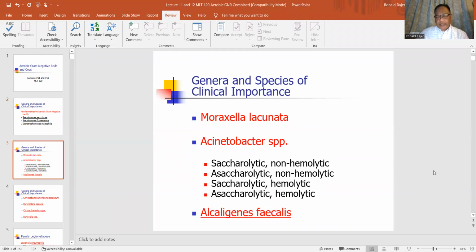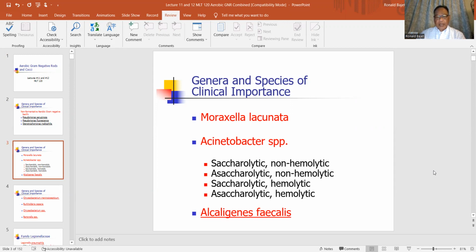I'm going to talk about Moraxella species, Moraxella lacunata. Another main Moraxella species is Branhamella catarrhalis. Moraxella species is generally a pathogen that infects the upper respiratory areas.